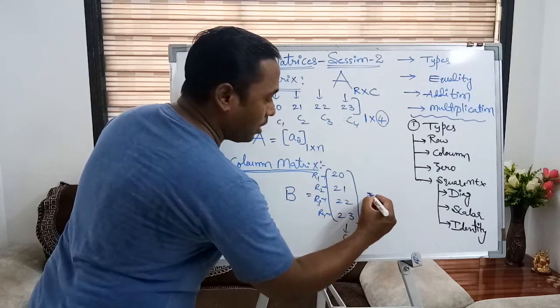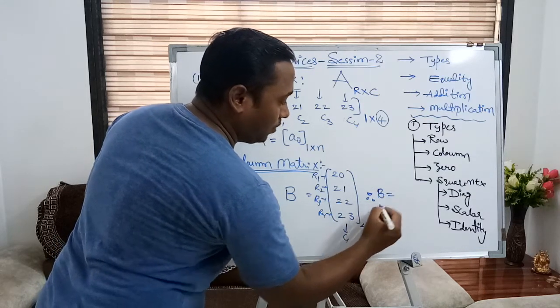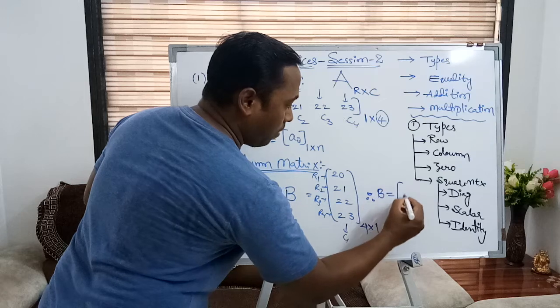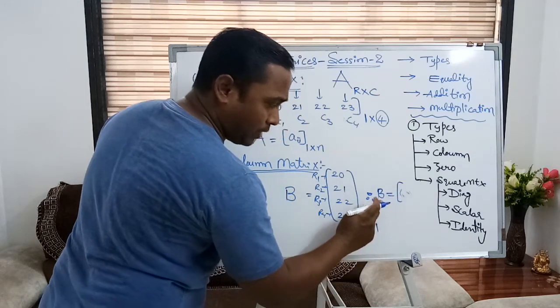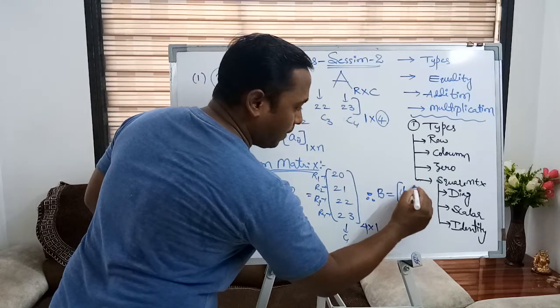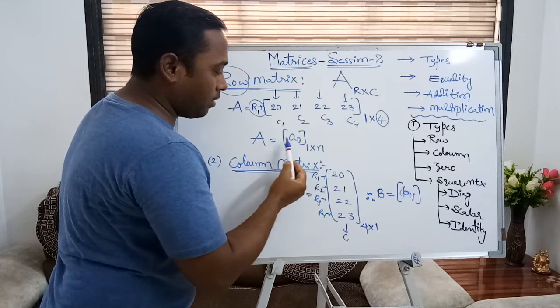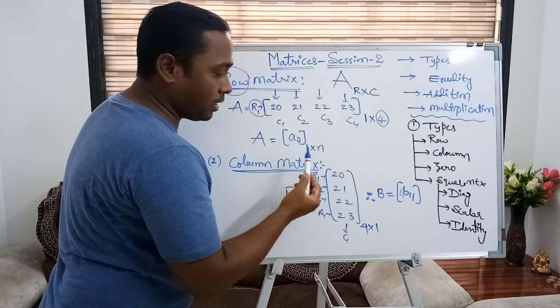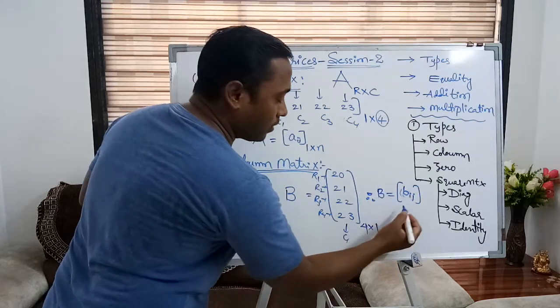So the symbolic notation of a column matrix: if with matrix B we represent the elements as b_ij, and if the matrix is A, the corresponding elements are a_ij. Matrix B gives b_ij, C gives c_ij, like this.